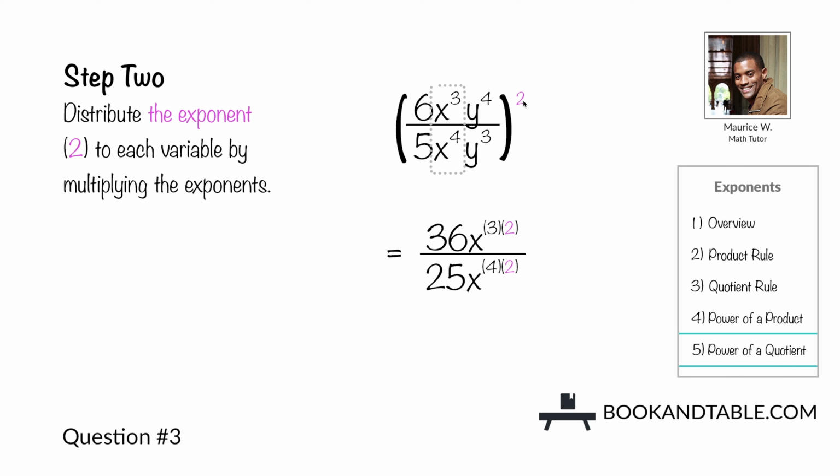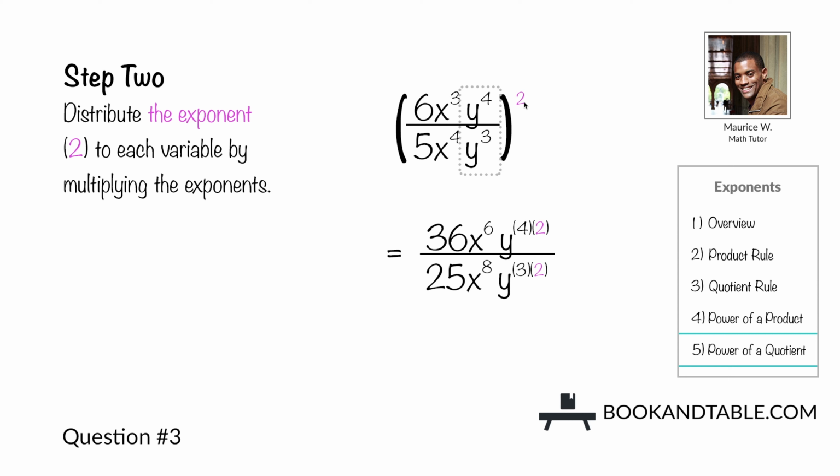So we distribute the 2 to our x's. X to a power of 3 to a power of 2 gives us x to a power of 6 in the numerator. And in the denominator, x to a power of 4 to a power of 2 is equal to x to a power of 4 times 2, which is 8. X to the 6, x to the 8th.